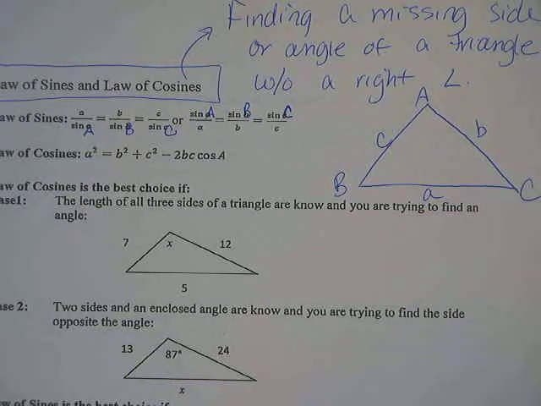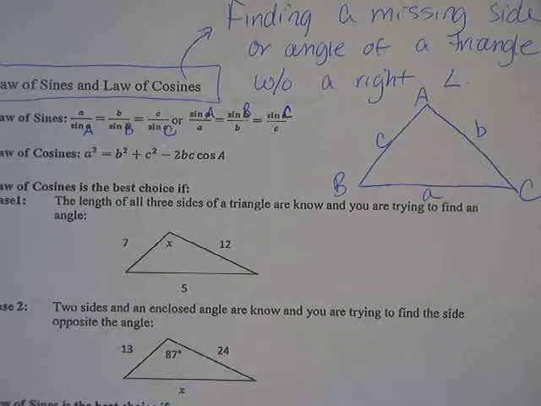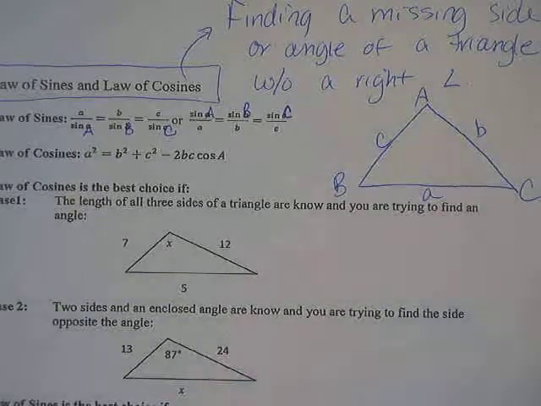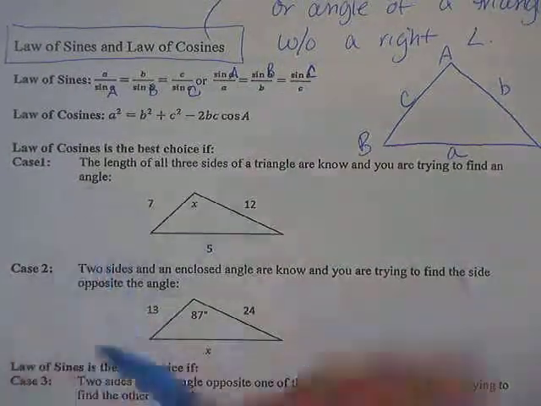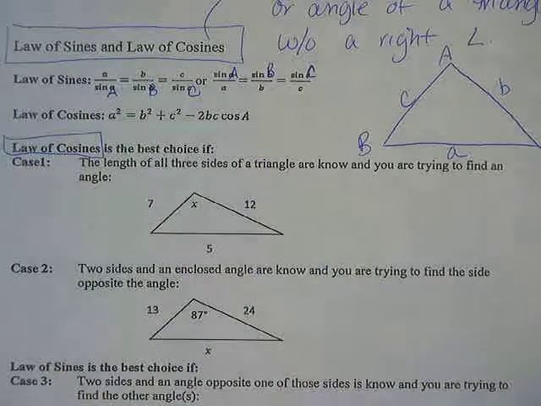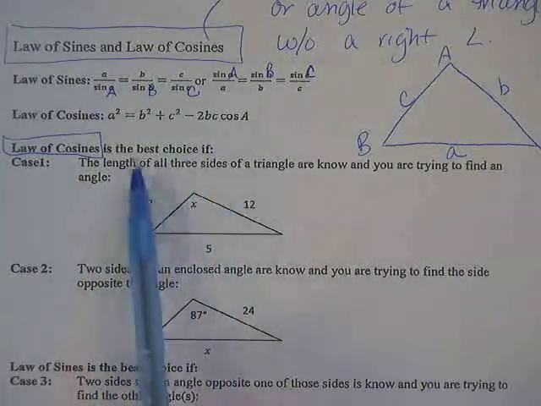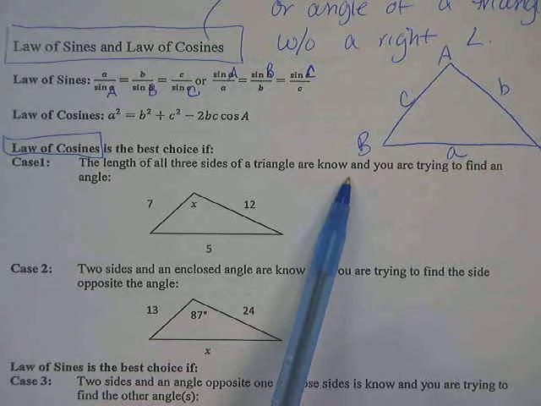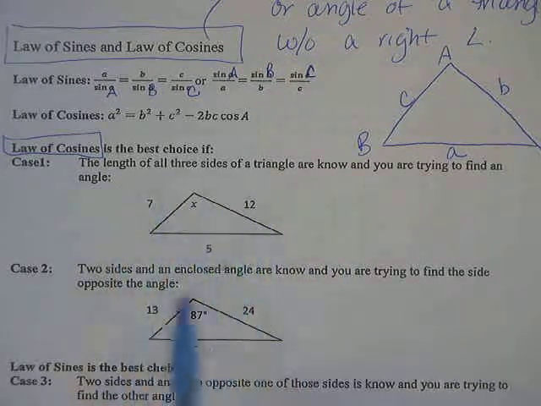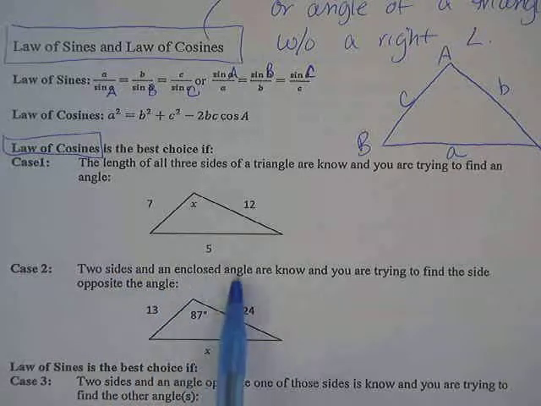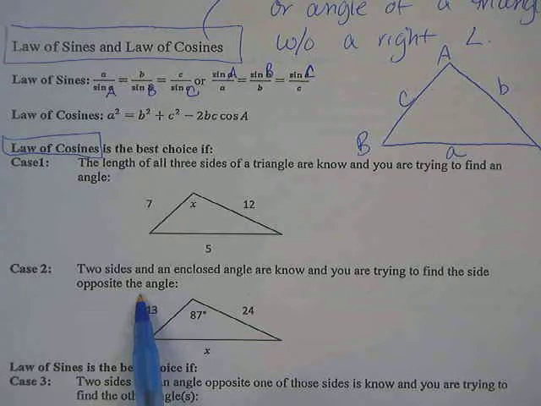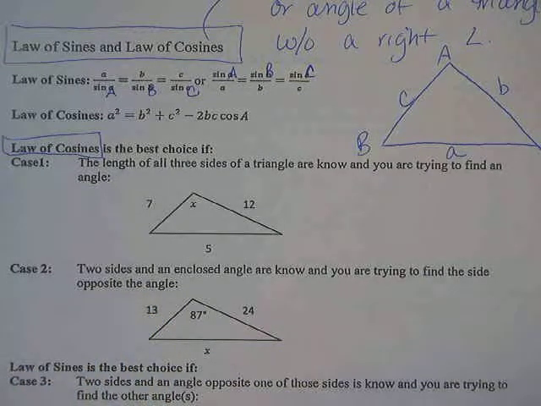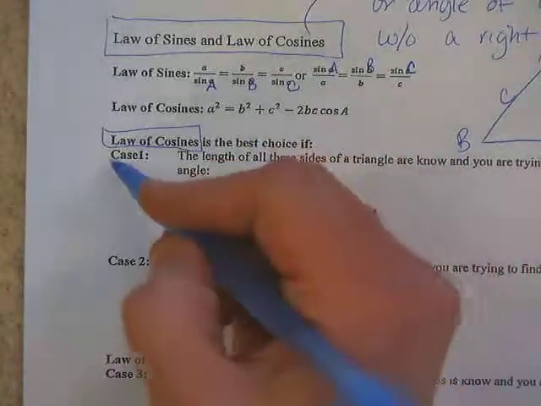This actual sheet came from a good sized packet of stuff that we're not going to do all of. It's something that I found online that is quite handy in getting you to see how the formula is used. The first thing I want you to look at is when law of cosines is the best choice.